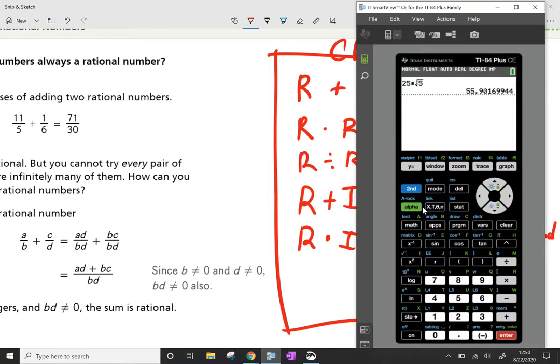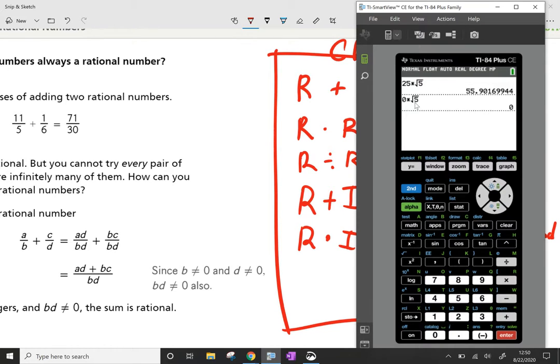But the one exception is if the rational number, instead of being 25, is 0, because 0 is a rational number. If I multiply 0 by any irrational number, such as the square root of 5, I get 0. Now, 0 is not irrational. 0 is a rational number.